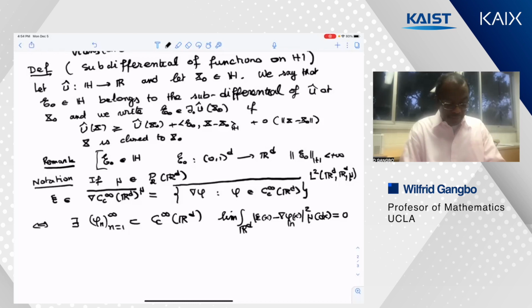And so the elements I am describing here are approximations by vector fields which are smooth and which are gradients of functions.